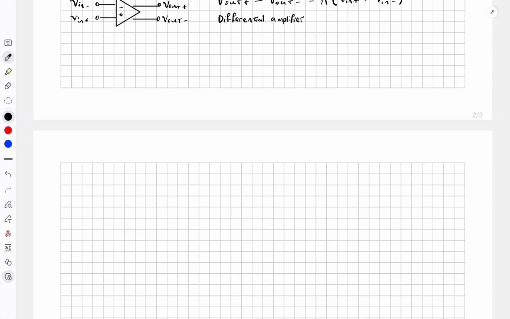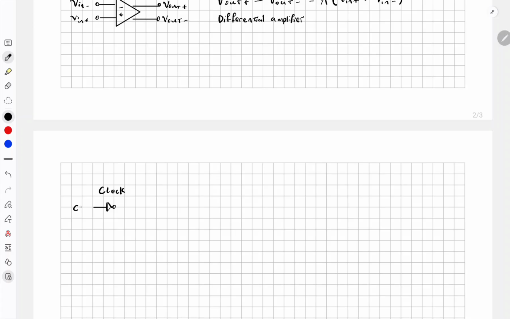So let's talk about a problem that might arise. Imagine you have a clock signal.